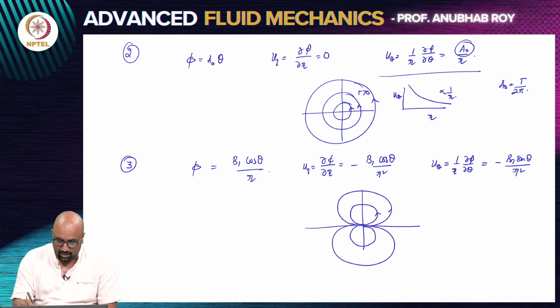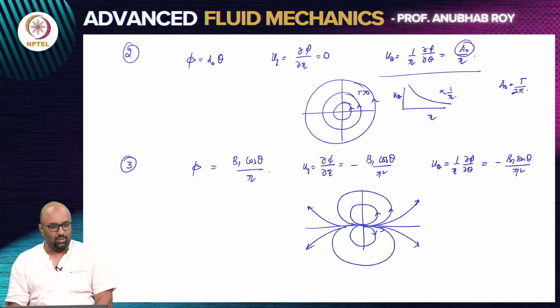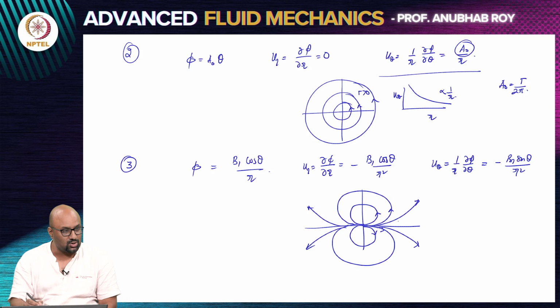Depending again on the sign of your B1, it will have a flow field that will look like this. Even these ones are going to close. So, eventually you will have a flow profile that appears like this.